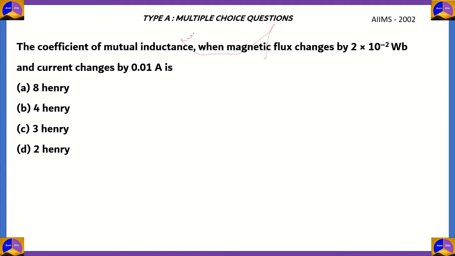So, in this question, we're asked to find out mutual inductance when we're given the value of d phi and the value of di. So we use the formula flux is equal to mutual inductance times current. So change in flux will be equal to mutual inductance times change in current.